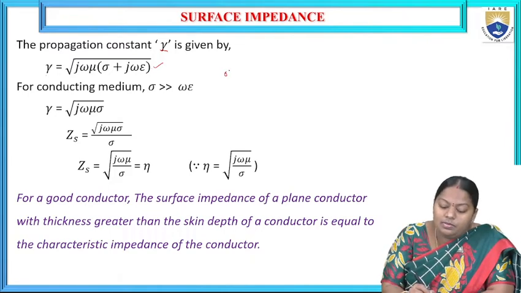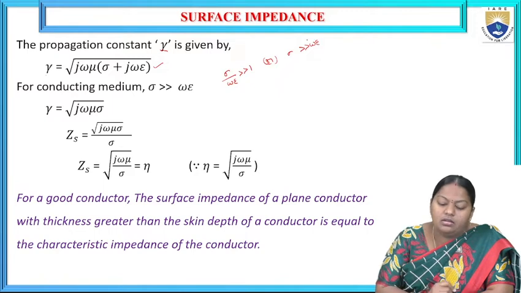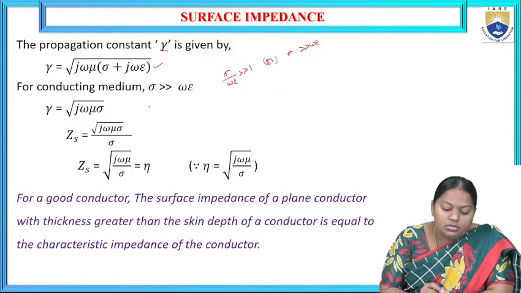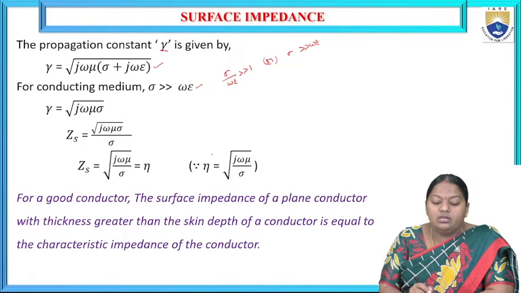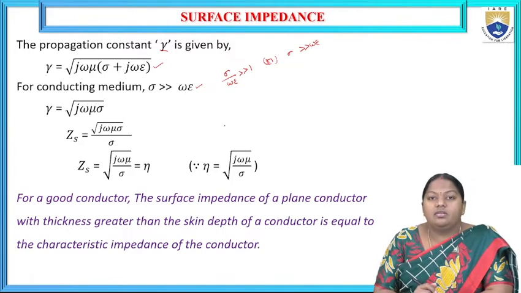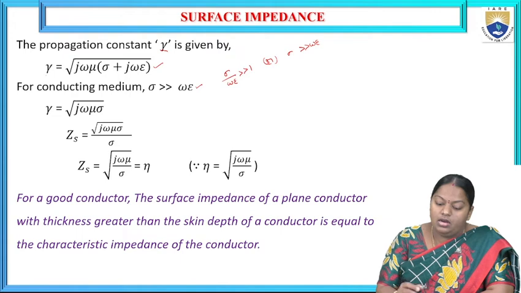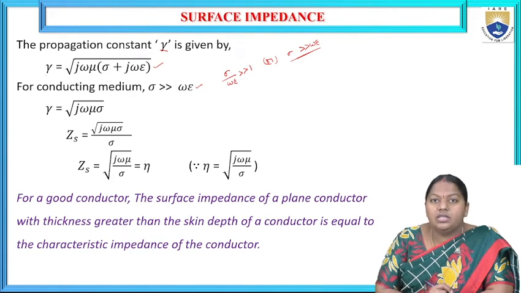As we know, sigma by omega epsilon must be far greater than 1, or sigma is far greater than omega epsilon. In order to act as a good conducting medium, it must satisfy this condition. That means at high conductivity and at low frequencies, the medium behaves as a good conducting medium.